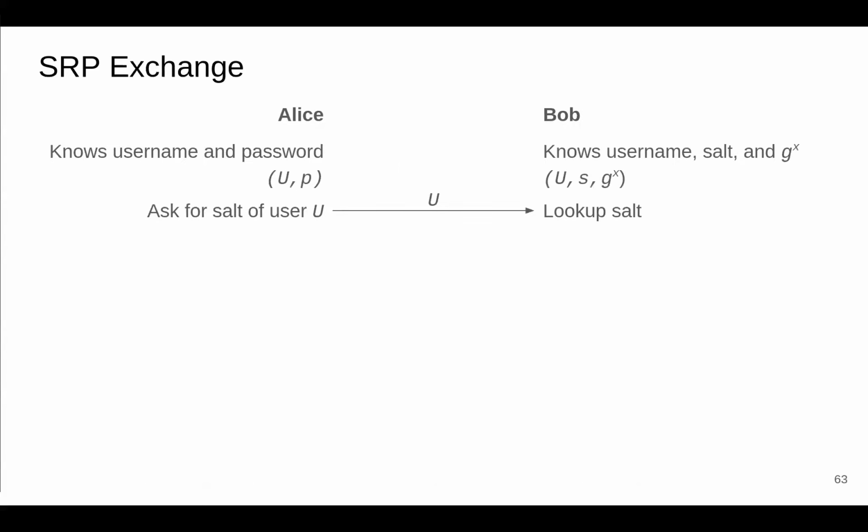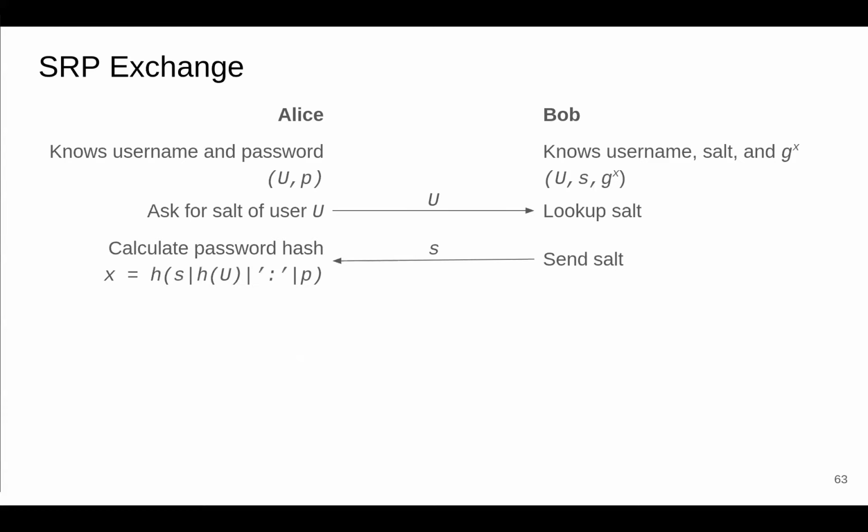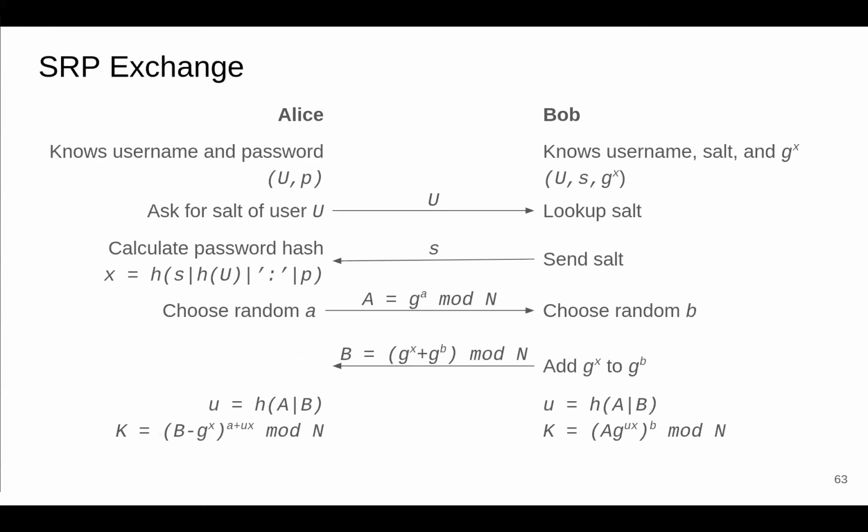Alice asks for the salt of user U. Bob looks up salt, sends the salt. Alice calculates the password hash. Choose random A, choose random B. Then we run Diffie-Hellman, and essentially they both get the key, which also, as a side step, validates the two parties.